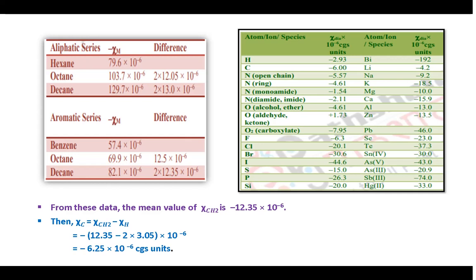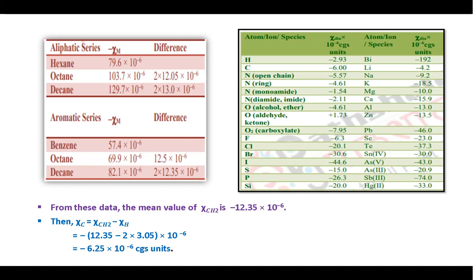Then, chi_C is equal to chi_CH2 minus chi_H, which is equal to minus 12.35 minus 2 into 3.05 into 10 raised to power minus 6. So, chi_C becomes minus 6.25 into 10 raised to power minus 6 CGS units.